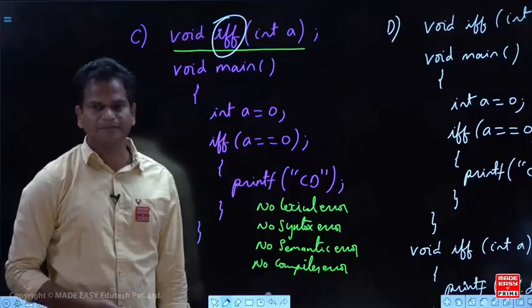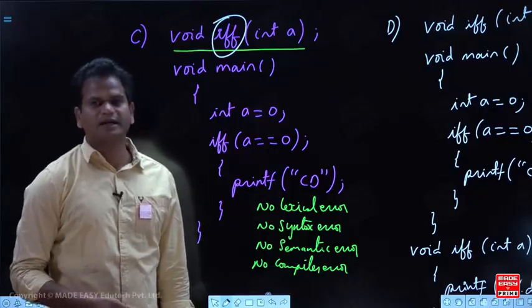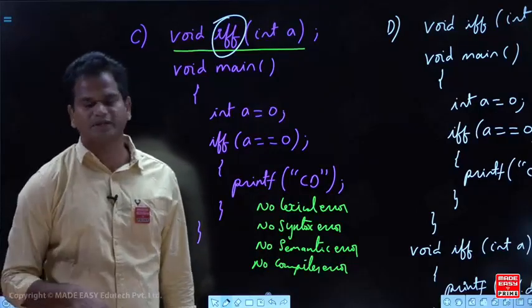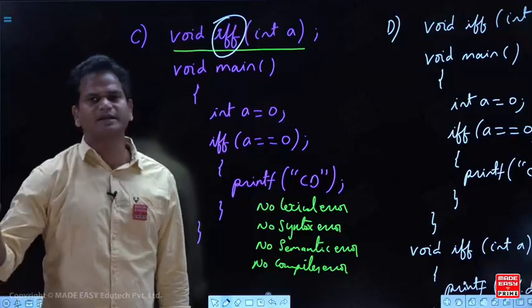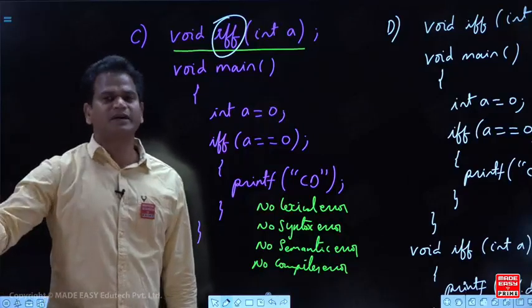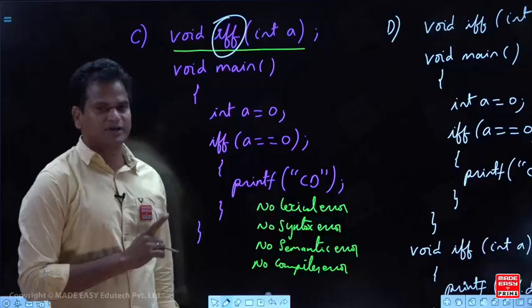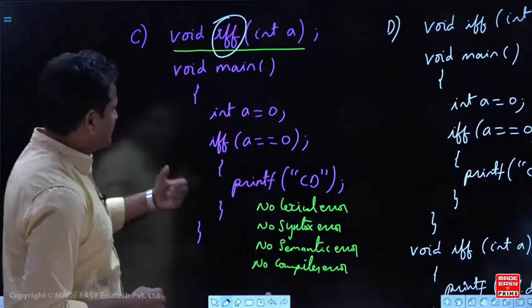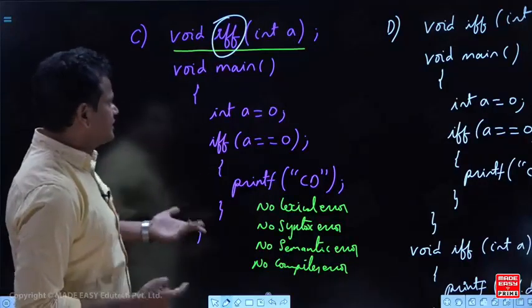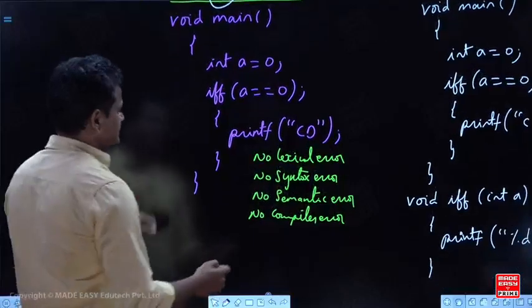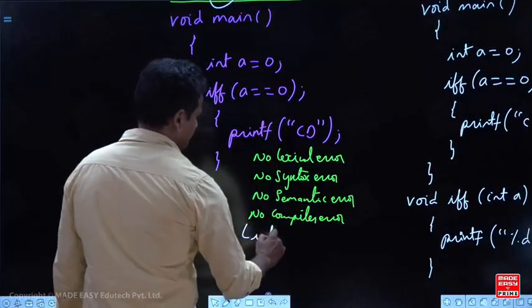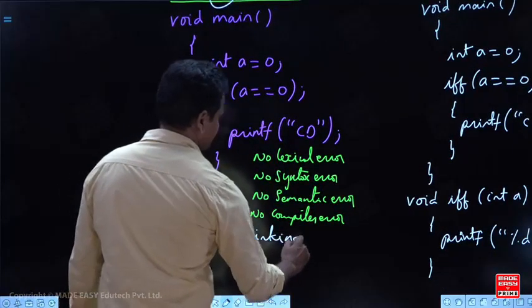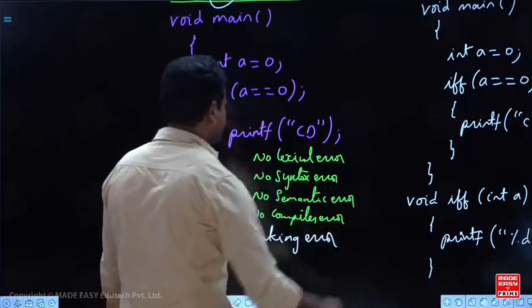Are you following? A function can be a standard function or a user defined function. If it is a standard function, its definition will be available in the library, but this is a user defined function. So the linker searches for the definition, there is no definition, so it is a linking error. Linking error, do you understand?